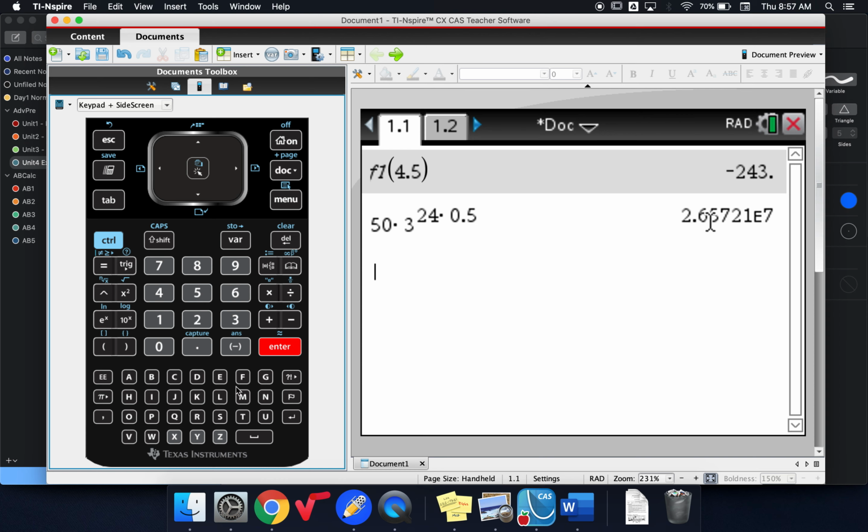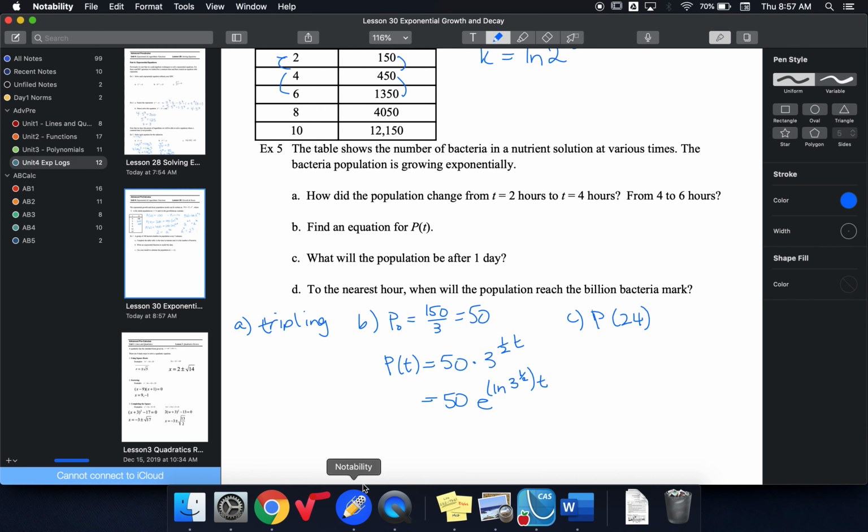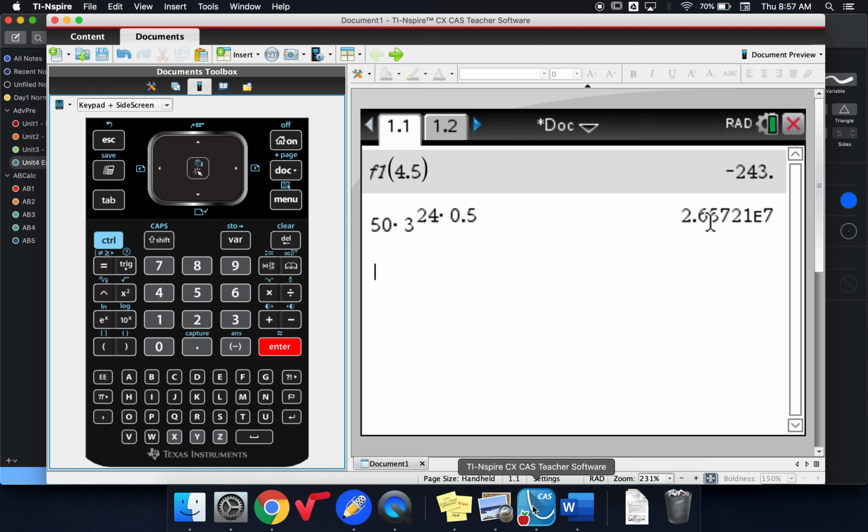Here's my population. Let's see what it asked for me. What will the population be after a day? It doesn't tell me to round to a nearest value. So we've got times 10 to the 7th. So about 26 million.